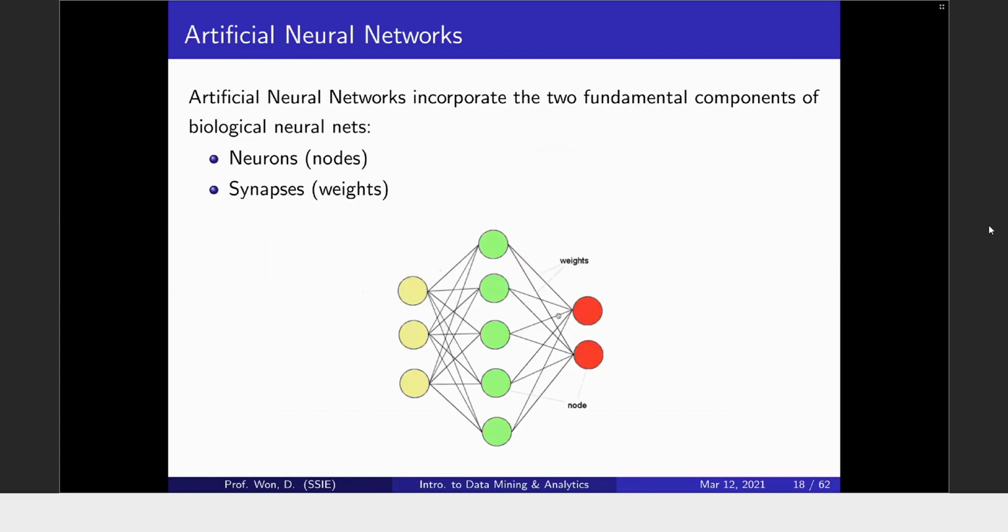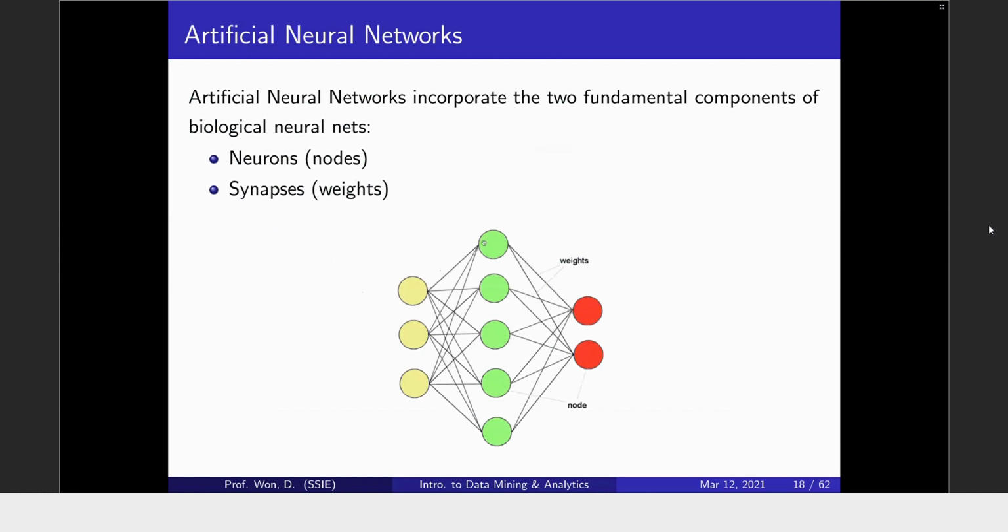So the first thing we are talking about is the artificial neural network. There are two kinds of things: one is neurons, and the other is synapse. In terms of the architecture, as you can see, these colored circles we can call a node in the network.